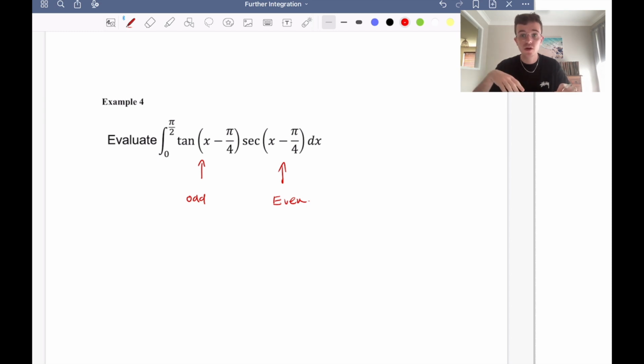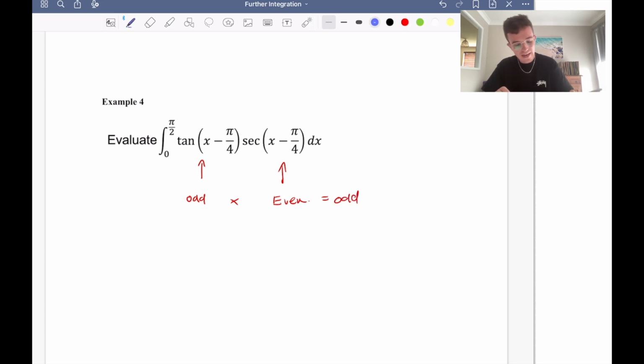function is still an even function. Not necessarily 1 over an even number, but 1 over an even function is still an even function. And an odd times an even is an odd.